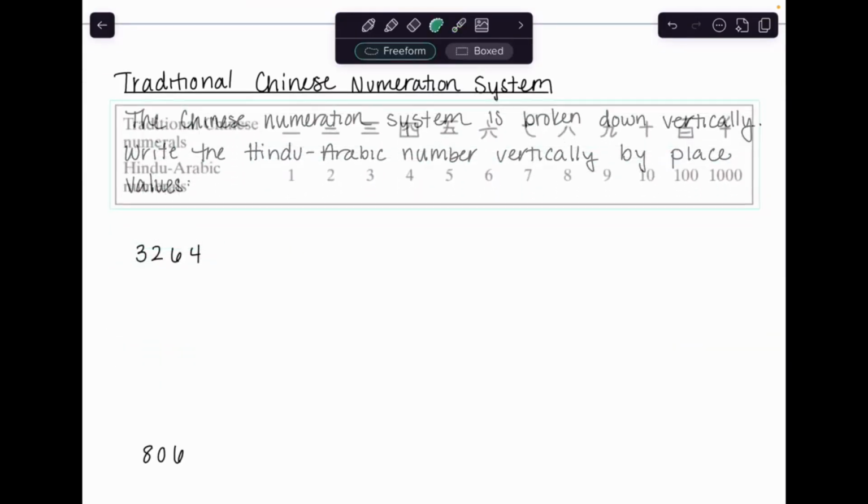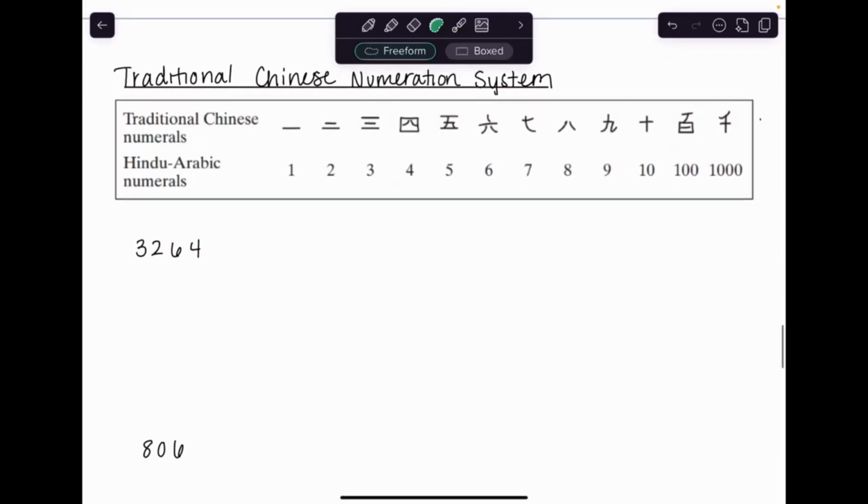We're going to move this out of the way. Just wanted to make sure we had that picture to utilize this. So I'm going to go ahead and break this down again based on placeholders. And I'm going to do it vertically this time because the Chinese numeration writes it vertically. So we have 3,264.